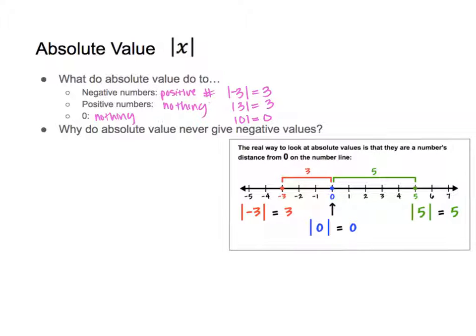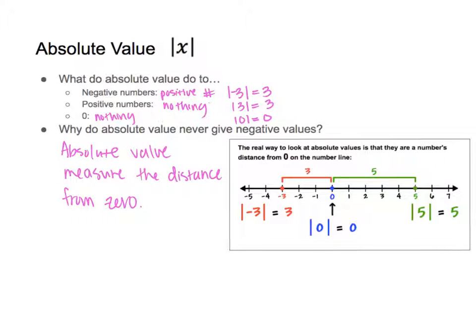So why do absolute values never give negative values? Well, that's because absolute values measure the distance from 0.